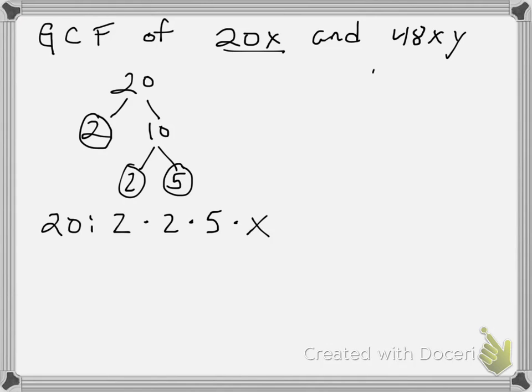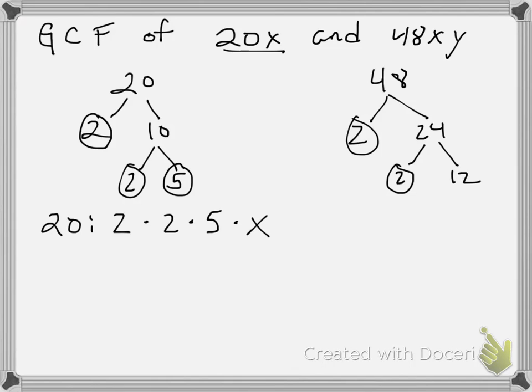Now over here I have 48, so I could find the prime factorization of 48. I could do 2 and 24. 2 is a prime number, so I'm done on that branch. For 24, I could stick with 2, do 2 and 12, another prime number. I could stick with 2 and 6, and another 2, and 3 is a prime number.